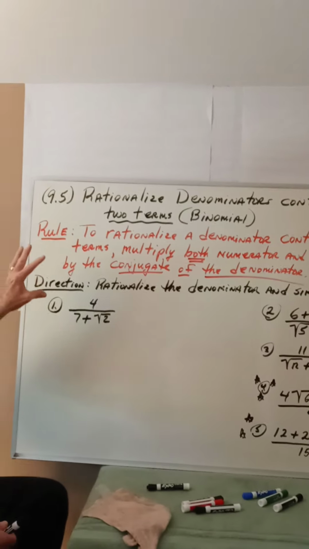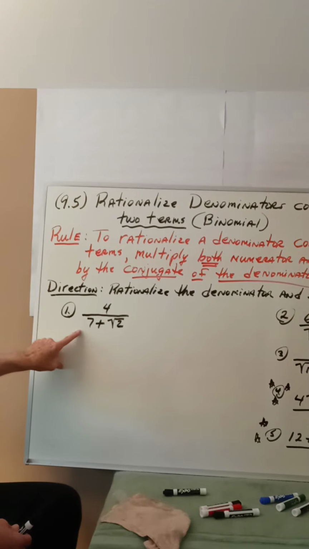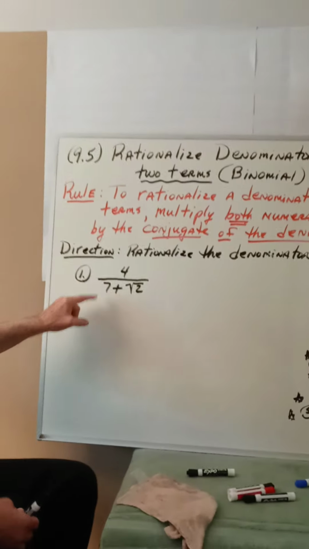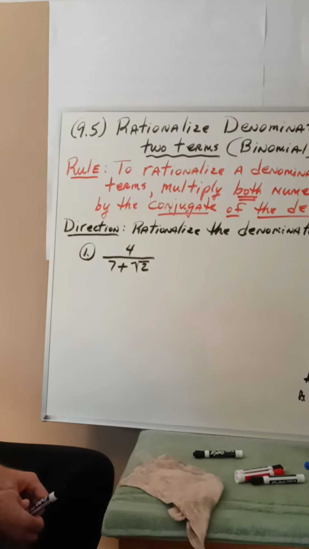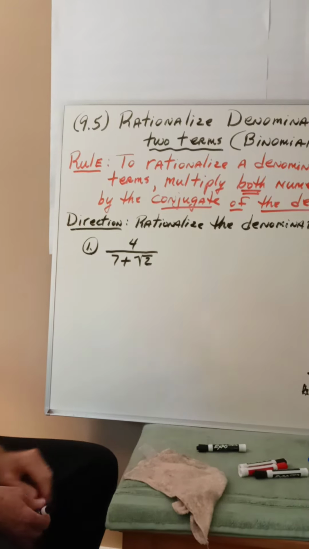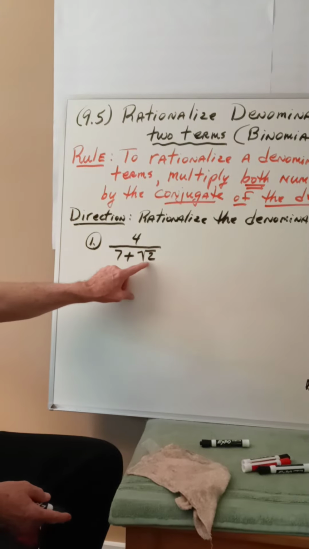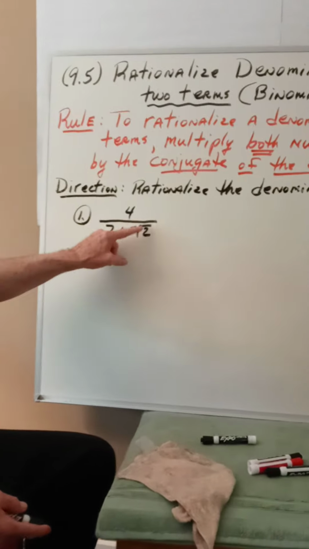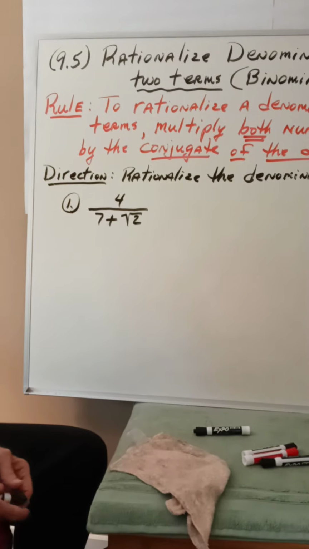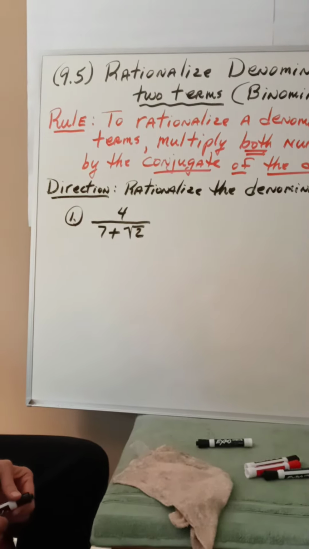And here is that type, and then we'll talk the rule. 4 over 7 plus radical of 2. We can't leave that problem in that manner because there is a radical in the denominator position. And we cannot have radicals in denominators.